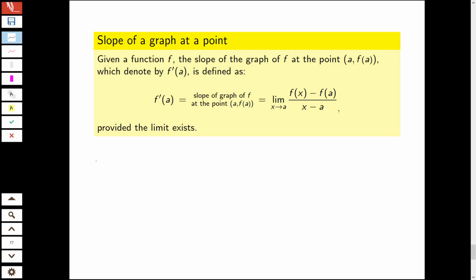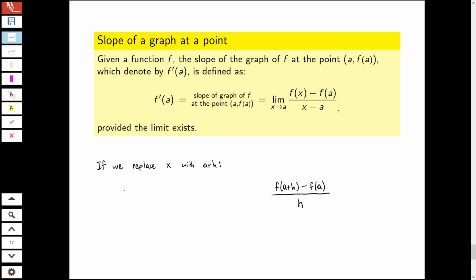Now, if we replace x with the expression a plus h, then in the numerator, instead of f of x, we would have f of a plus h, and then minus f of a, over, and in the denominator, again, if we replace x with a plus h, the a's would actually cancel out, and you would just have h in the denominator.